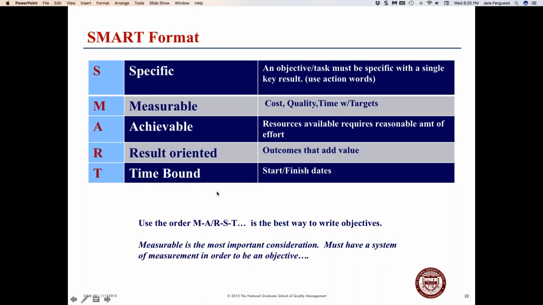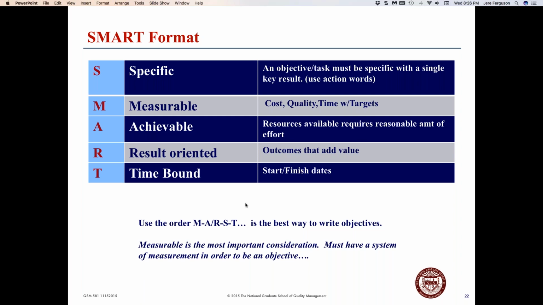In the reading, you're going to be reading about SMART, and what SMART basically is, it's an easy way of trying to remember that when we establish these, we try to use a logical approach to what we're doing. So SMART stands for specific, measurable, achievable, result-oriented, time-bound. And so when we look at setting these objectives and criteria, we want to try and do it with a SMART format.